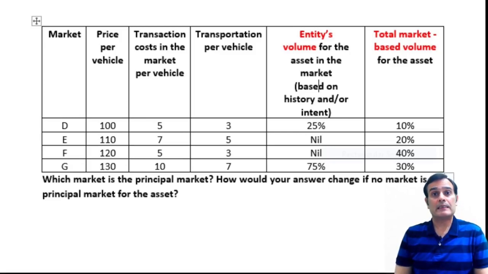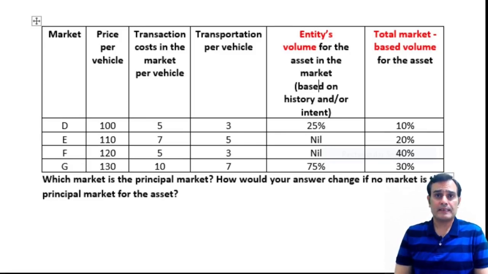Similarly, when I'm looking in terms of a most advantageous market, identification is a different exercise and the computation is a different exercise. I'll be throwing a little more light on this in my next video. What is the concept of identification and what is the concept of computation? So here we are looking at only the identification part.